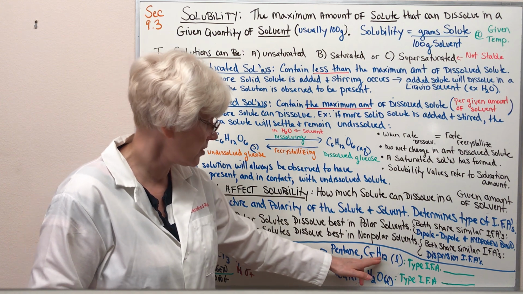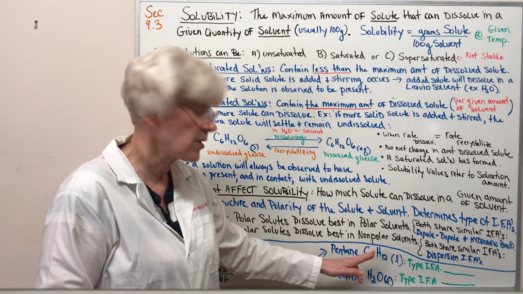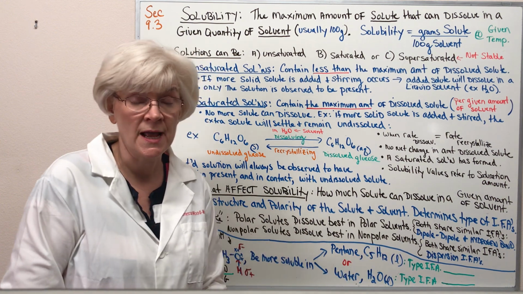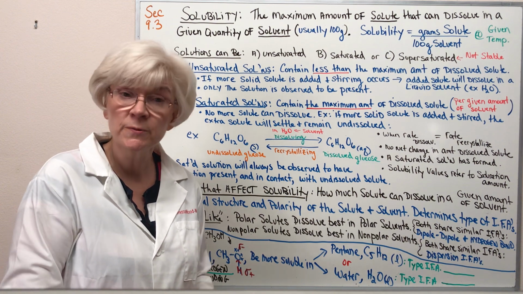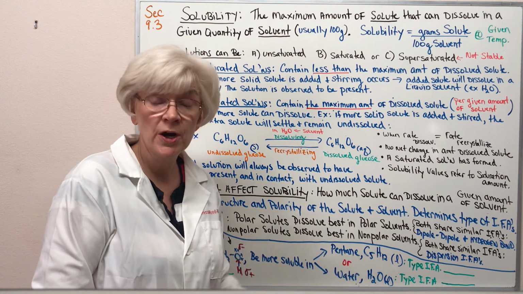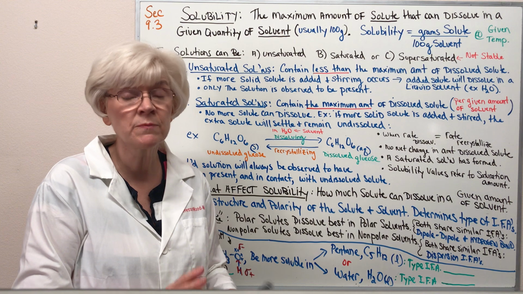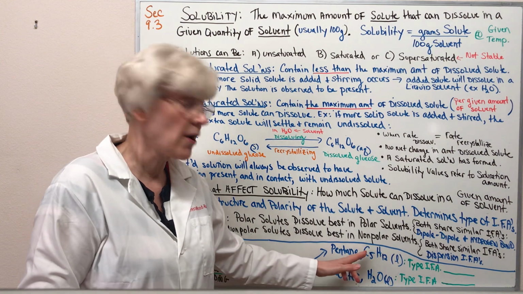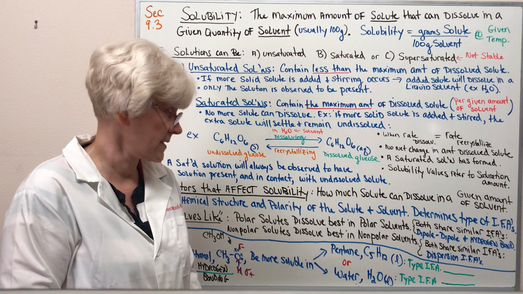As soon as you look at the formula and see that it contains only carbon atoms and hydrogen atoms, then you are looking at a molecule that you would classify as nonpolar. We know that a carbon-hydrogen bond is not a particularly polar bond, nor are the carbon-carbon bonds that are also present in pentane.